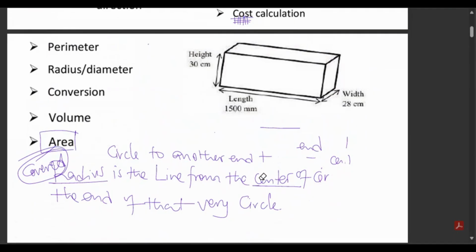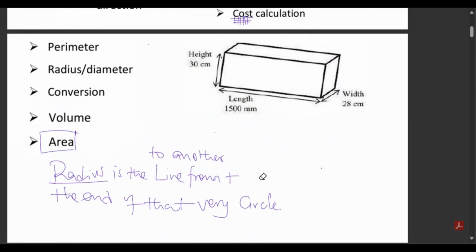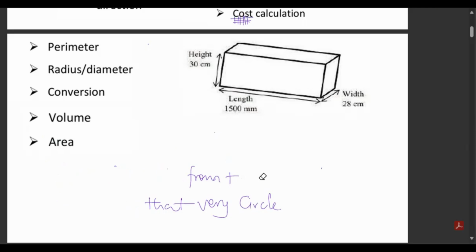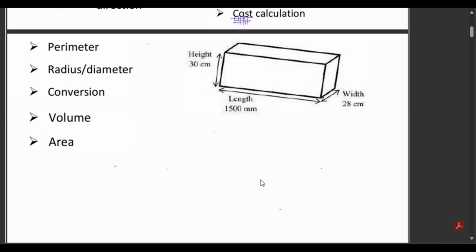So there's nothing much that we are losing. Let's look at the formulas. We shall start with perimeter of different shapes, mainly rectangles and circles.